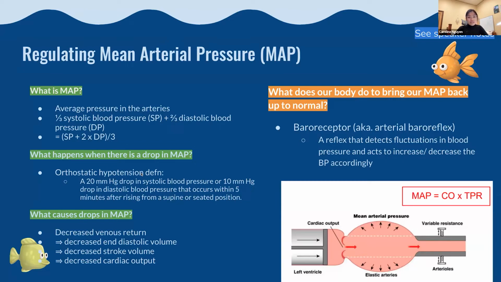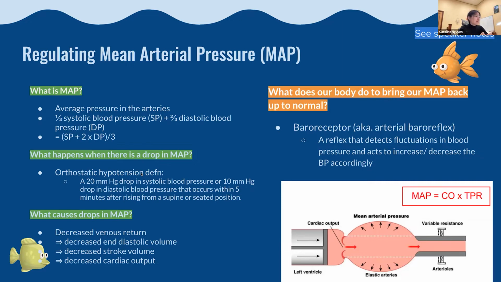The primary reason is decreased venous return. If you can remember that venous return means the volume of blood that returns back into your right atrium, down through the system to be ejected from the left ventricle, then let's discuss 3 of the reasons why we'd have decreased venous return.